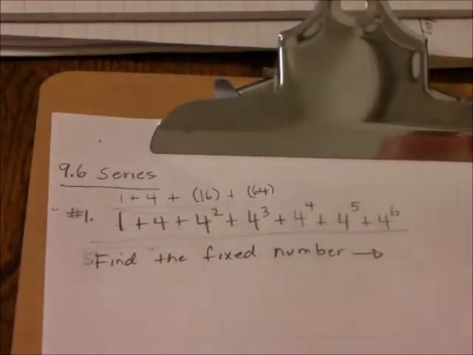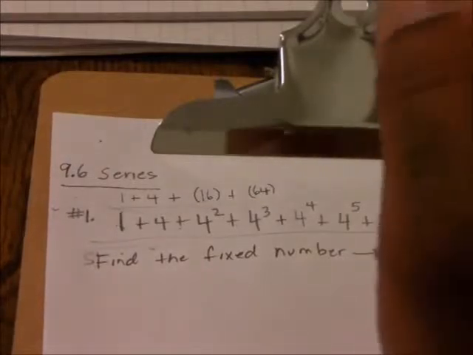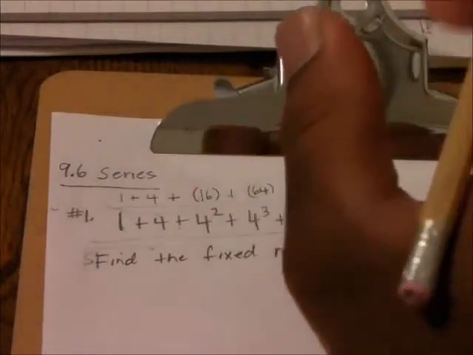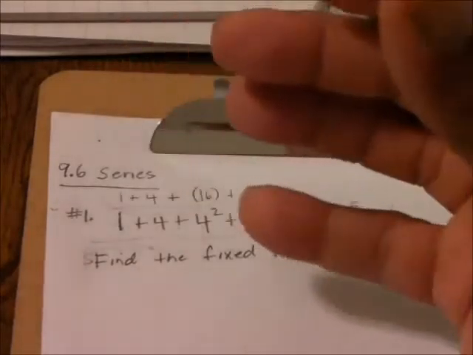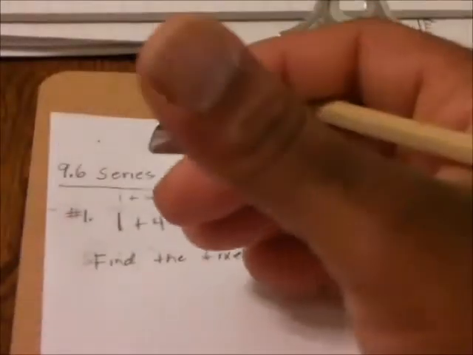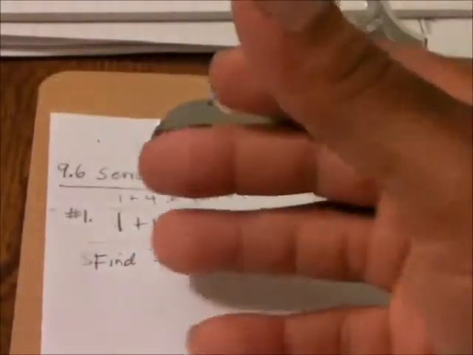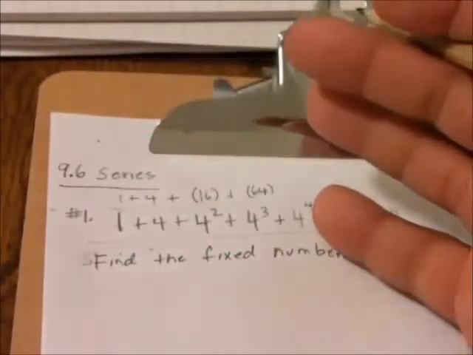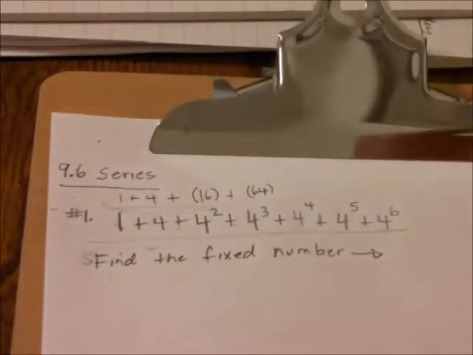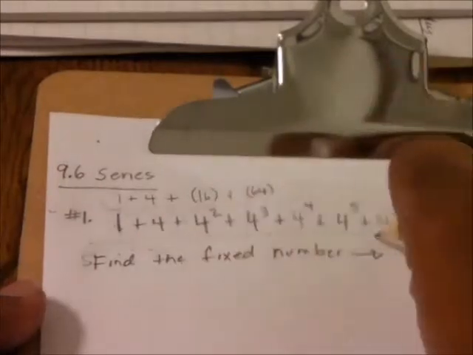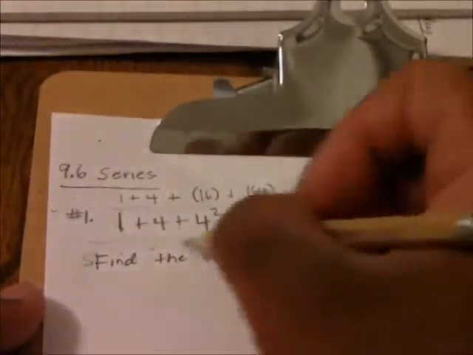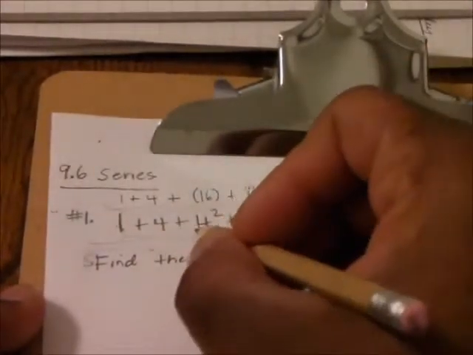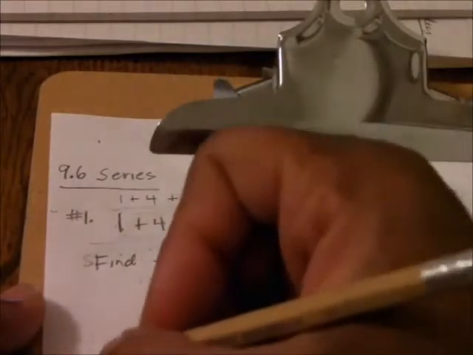Note from sequences, in order to find the fixed number, you have to compare the numbers given in a sequence and how they behave, or how they are increased by certain numbers to get the succeeding numbers. In this situation, by showing this in exponential form, you can see that 4 is the fixed number.